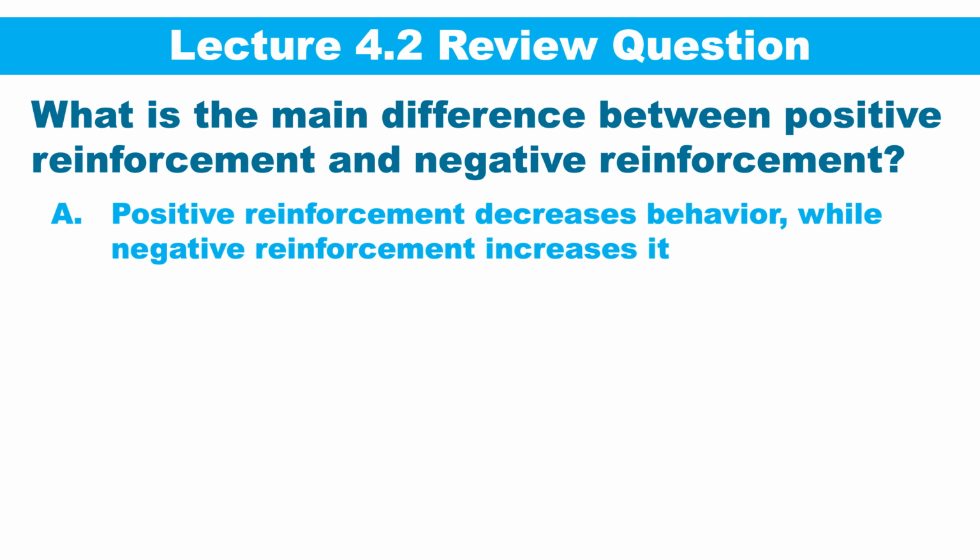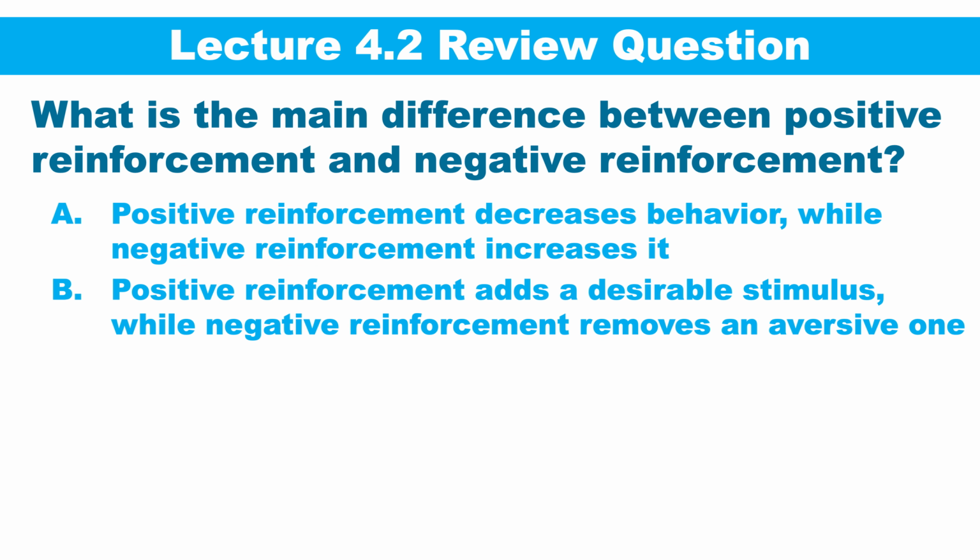Before we dive in, let's test your recall with a couple of review questions from our last lecture on operant conditioning. What is the main difference between positive reinforcement and negative reinforcement? A. Positive reinforcement decreases behavior, while negative reinforcement increases it. B. Positive reinforcement adds a desirable stimulus, while negative reinforcement removes an aversive one.